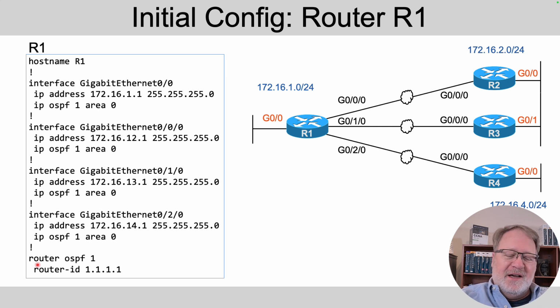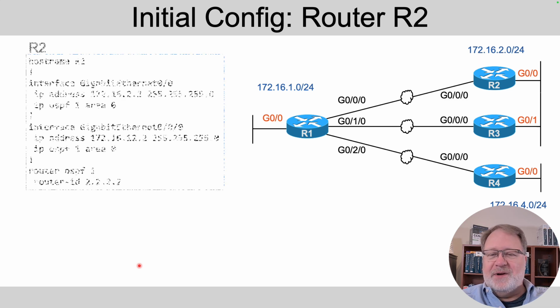Last thing, notice after router OSPF 1, you'd be in router configuration mode for OSPF. The router-id command lets you explicitly configure the router ID to use. In this case, it'd be 1.1.1.1 on router R1. That, of course, will be different on each of the 4 routers. So this config's a little longer than the other 3 because the other 3 have only 2 interfaces.